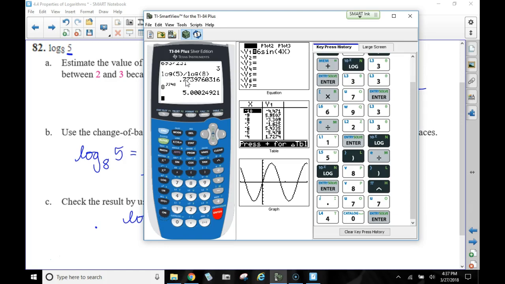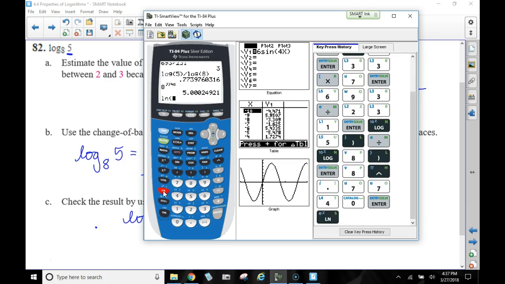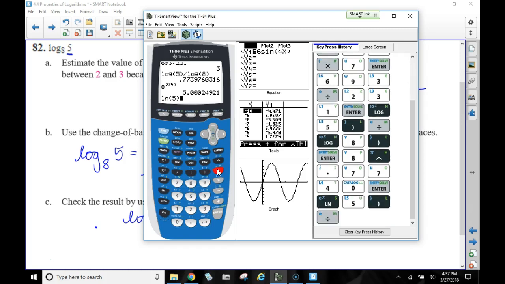But I want to show you that if you would have changed the base using a base of e, meaning punch in the natural log of 5 divided by the natural log of 8, we're going to get that same answer.